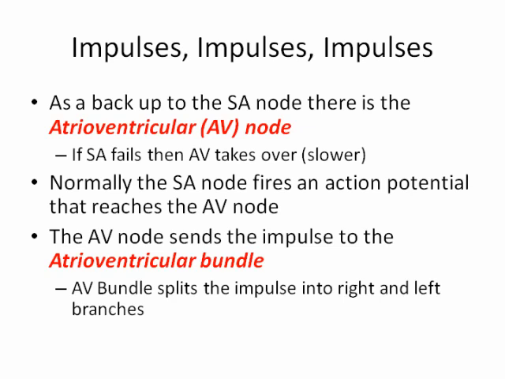And so it tends to respond slower, which then again would slow down the basic overall operation of the heart, which is not a good thing. And so normally the SA node would fire the action potential and it will go to the AV node. And it will also go to the left atrium and the right atrium respectively.